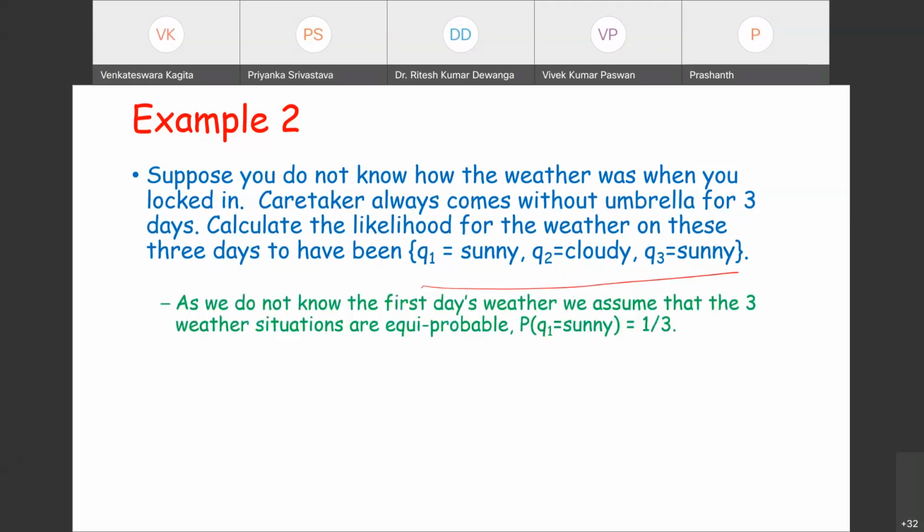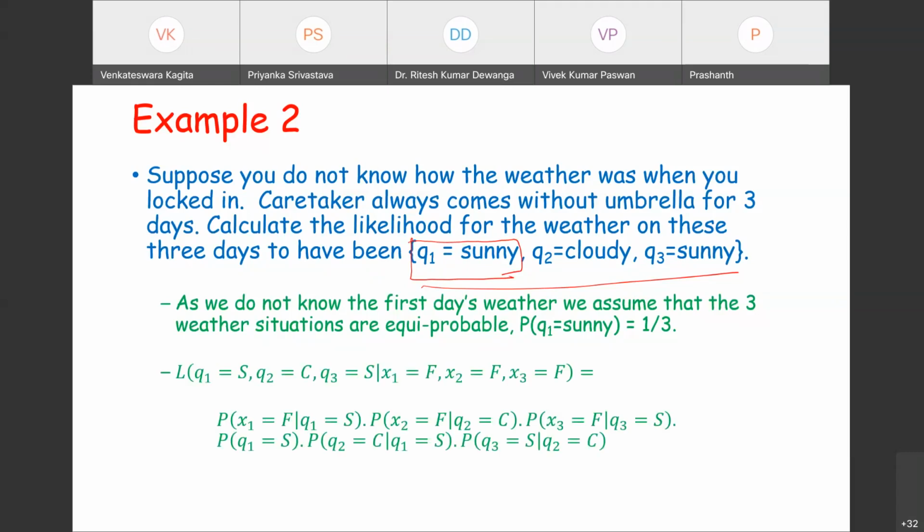Right. So, since we do not know the first day's weather, let's assume that all the weathers are equiprobable. So, probability of Q1 equal to sunny is 1 by 3. Q1 is day 1. And likelihood of Q1 sunny, Q2 cloudy, Q3 sunny, given that X1, X2, X3, all of them are false. Because for 3 days, caretaker came without umbrella. So all are false, X1 to X3. And this is the weather sequence that we are interested to predict.